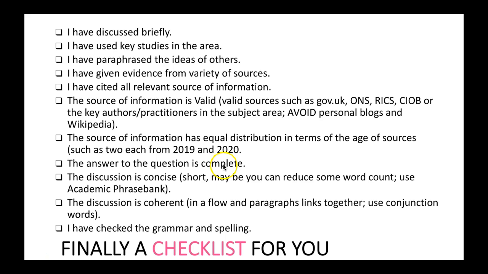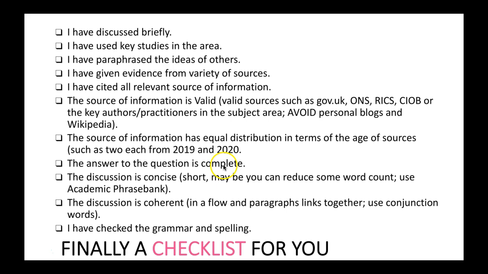Then there are three main things: your answer to the question is complete, it is concise, and it is coherent. So completeness is really important. The answer should be concise, and you can use the academic phrase bank to make your answer much better. And your discussion is coherent. Coherent means in a flow.